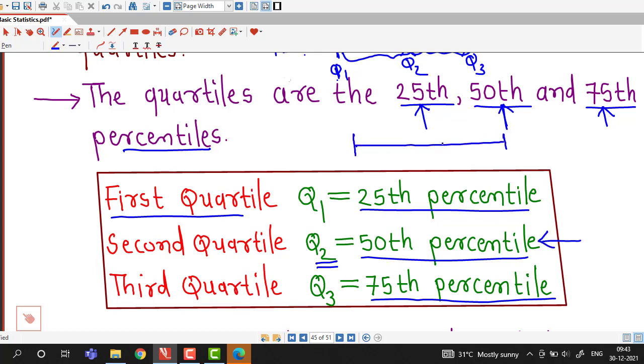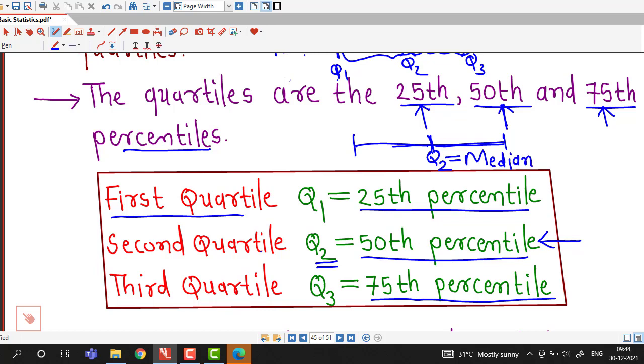Now this second quartile Q2 is the 50th percentile. That means it will divide the data into two equal parts. That means half of the observations are less than Q2 and half of the observations are greater than Q2. And if we recall, this is nothing but the median. Median is the value which divides the data into two equal parts.